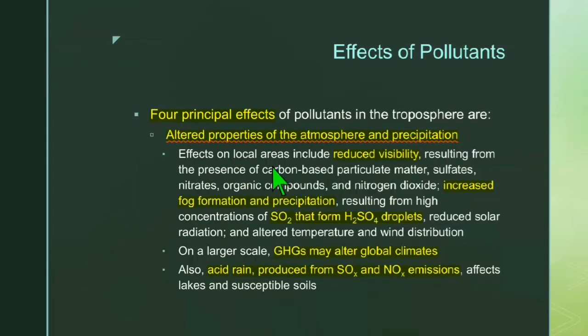Effects on local areas include reduced visibility resulting from the presence of carbon-based particulate matter, sulfates, nitrates, organic compounds, and nitrogen dioxide; increased fog formation and precipitation, resulting from high concentrations of sulfur dioxide that form sulfuric acid droplets; reduced solar radiation; and altered temperature and wind distribution.